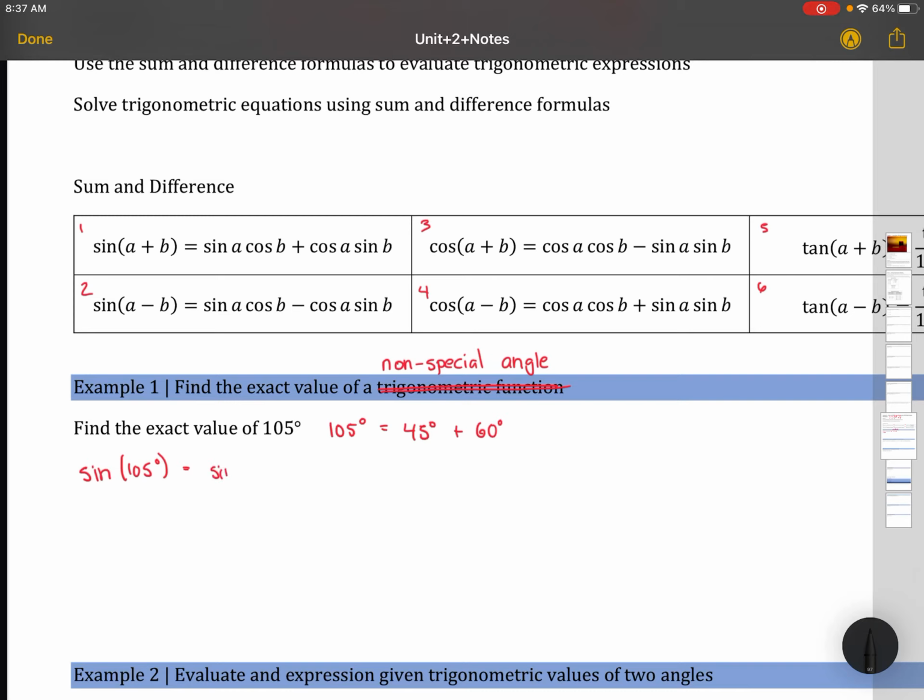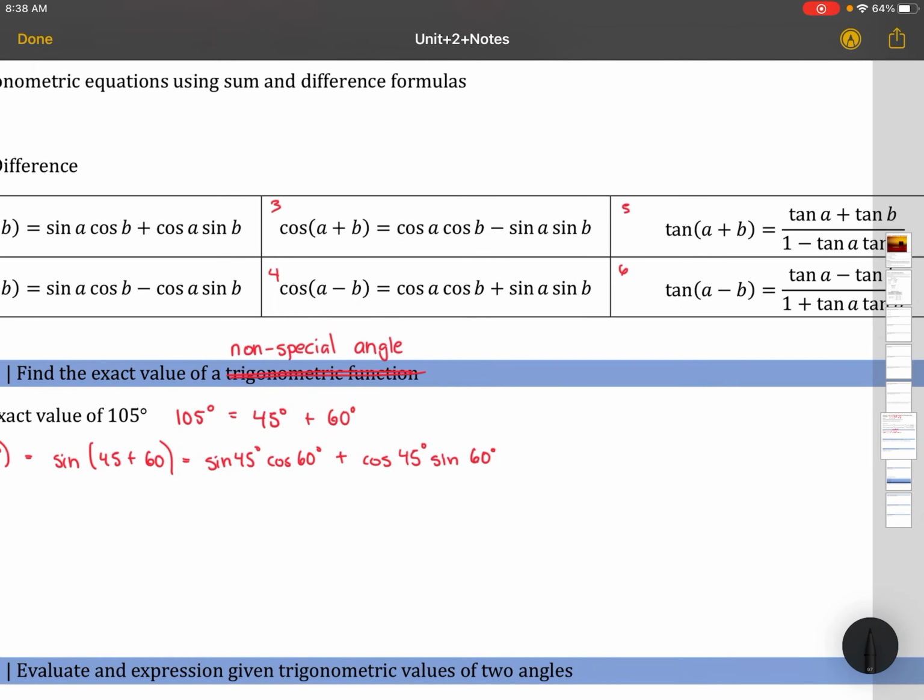So that's just going to be the sine of 45 plus 60. That's going to be the sine of 45 times the cosine of 60 plus the cosine of 45 times the sine of 60. And you just keep simplifying from here.